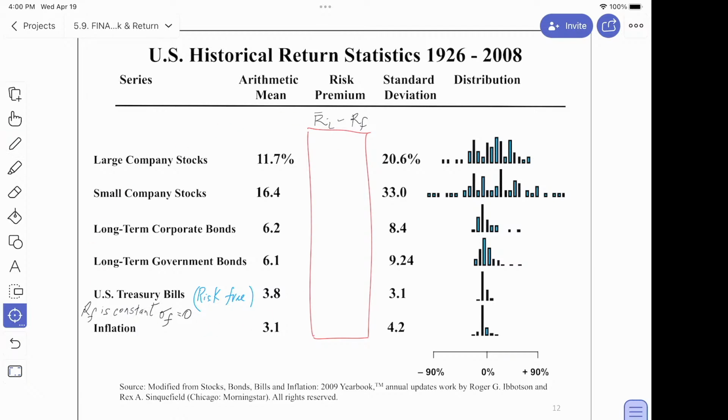So using the data I have here, this would be my R bar I, and this one is the R F. All right, so making the subtractions all the way down. 7.9.